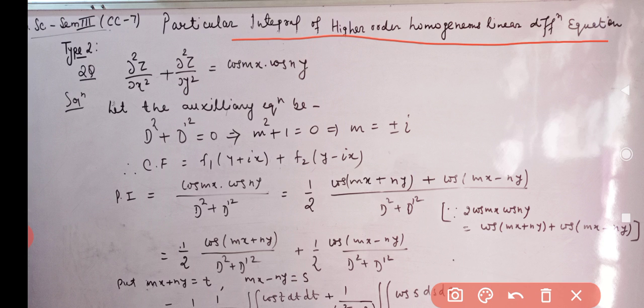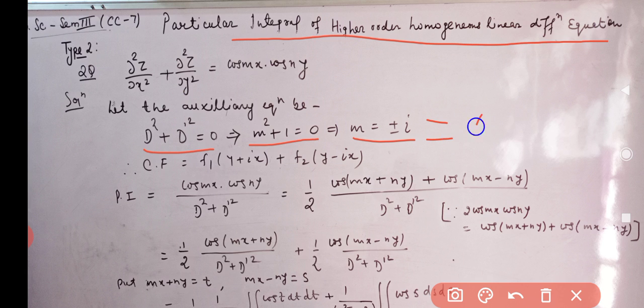The question is del 2z by del x2 plus del 2z by del y2 equal to cos mx into cos ny. To solve this problem, first we have to find the complementary function. Let the auxiliary equation be D square plus D dash square equals 0, and this will give m square plus 1 equals 0, which implies m equals plus minus i.